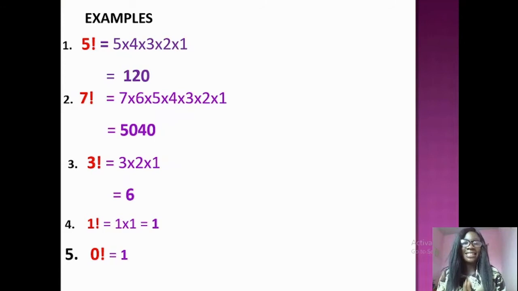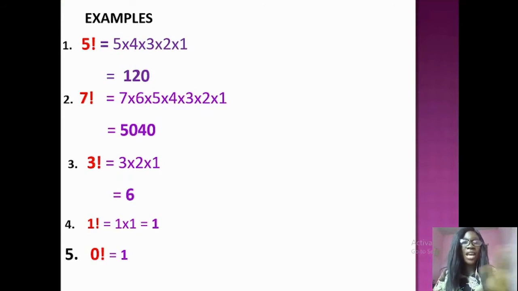In the last assignment I gave you, I said 2 to the power of 0, like in your indices, right? Any number to the power of 0 is 1. 20 to the power of 0 is 1. 30 to the power of 0 is 1.